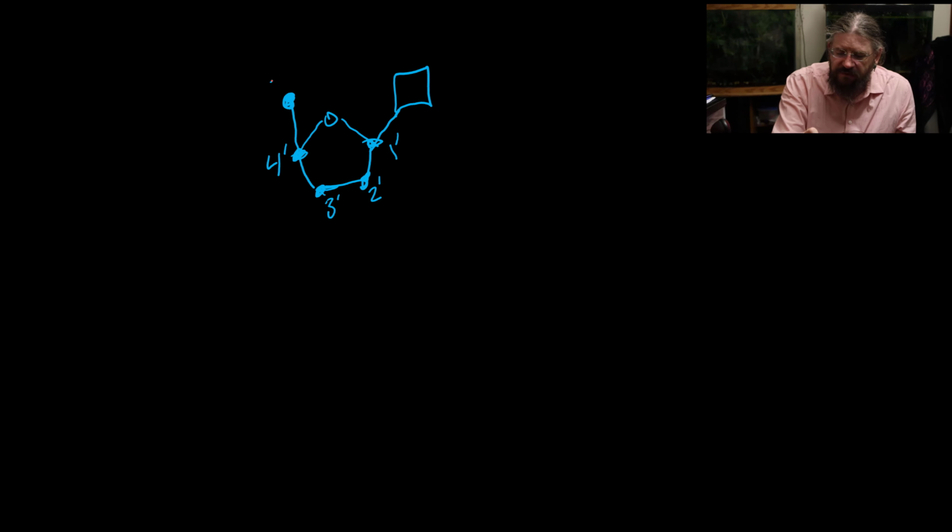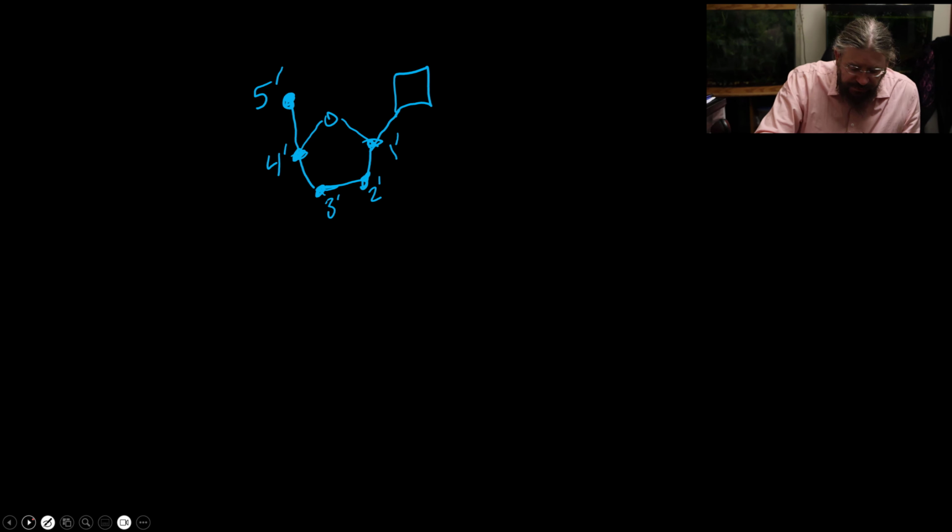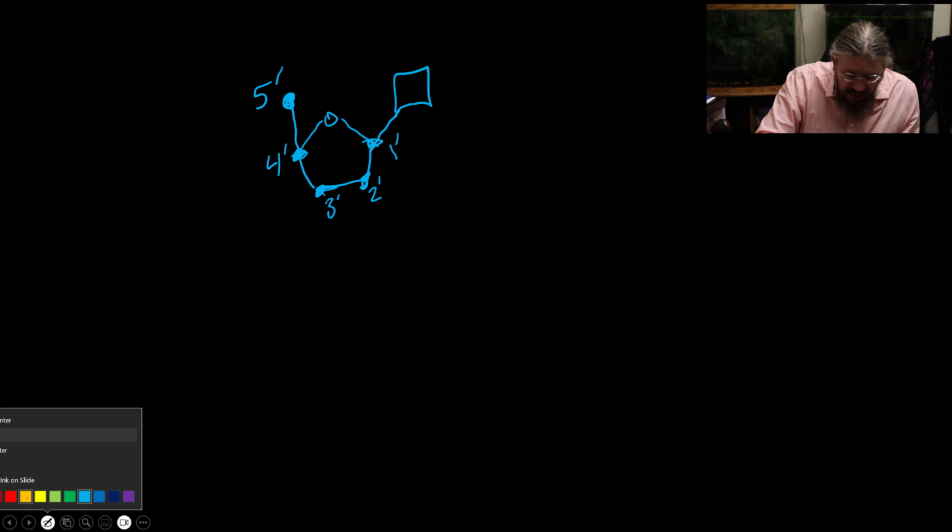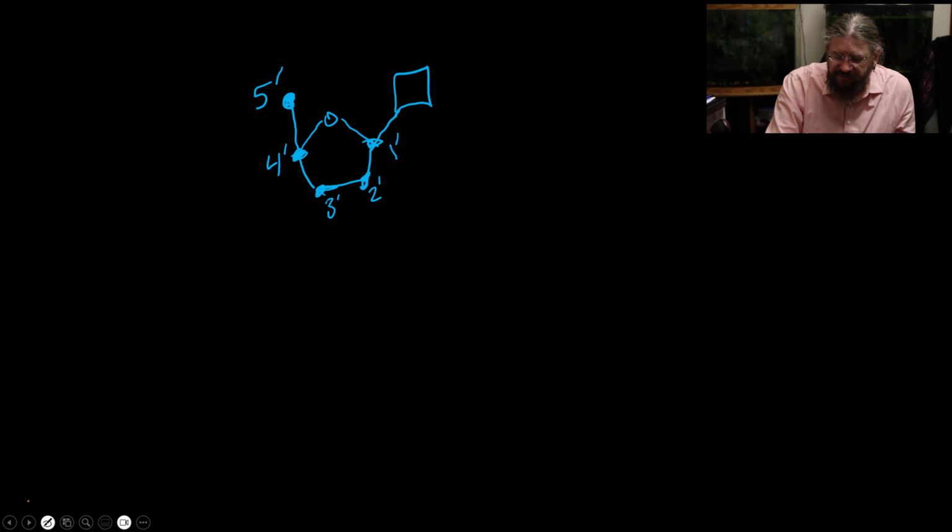So if we look here, we'll have our ribose. We'll throw a nitrogenous base here. We'll just make it a circle. And then there's our 5 carbons. Now, we'll remember our numbering: 1', 2', 3', 4', 5'. And then we'll put in a phosphate group.